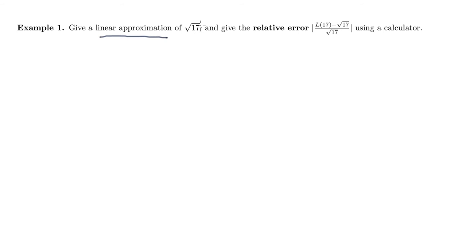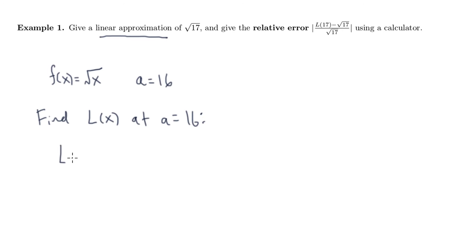But the idea here is that even though we don't know exactly what the square root of 17 is, we do know what the square root of 16 is. So if I let f of x be square root of x, and I let a be 16, what I can do is find the linear approximation to f at a equals 16.